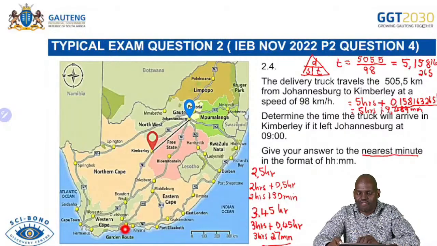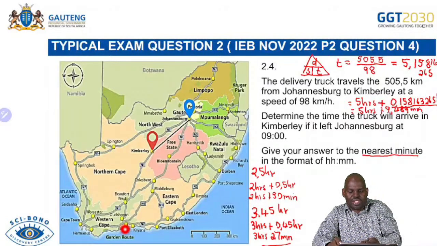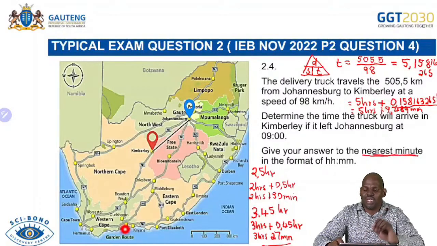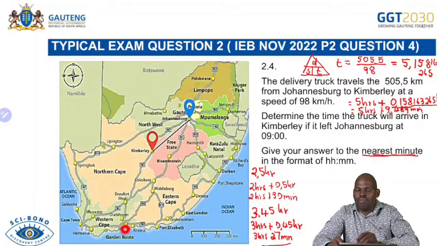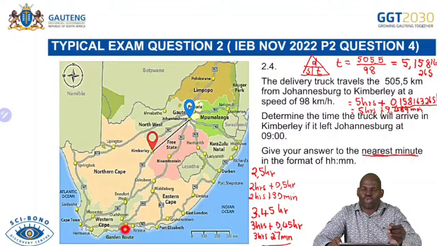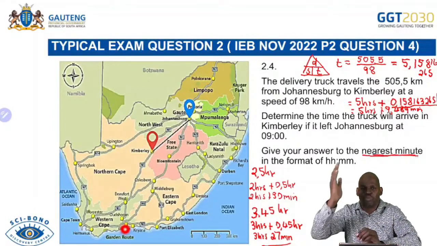So if I've got 5 hours and 9.489 minutes, according to the instruction, it says give your answer to the nearest minute. 9.489 means it's not exactly 9 minutes. It's 9 minutes and a couple of seconds. If I had to convert the decimal to seconds, I'd split it again.